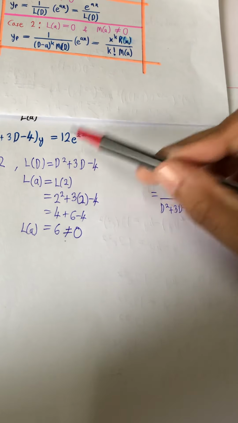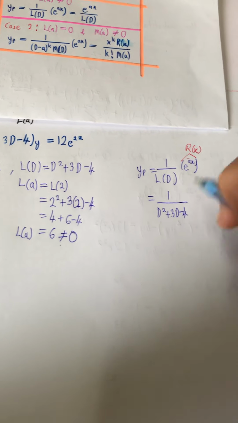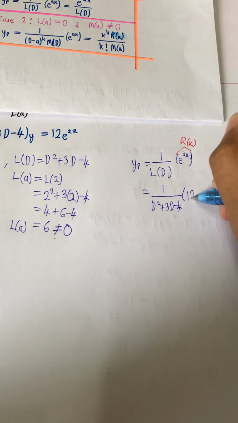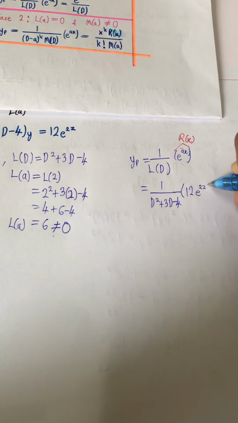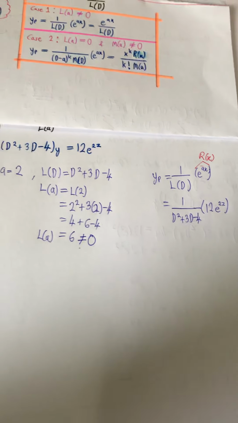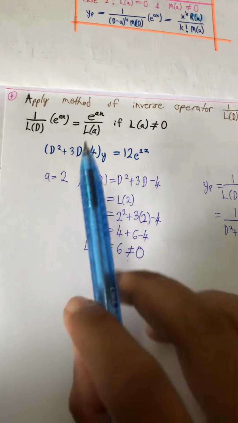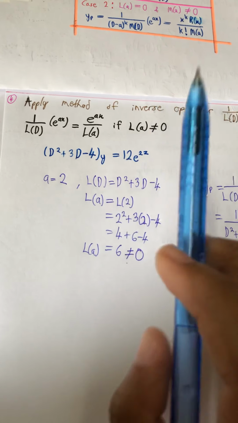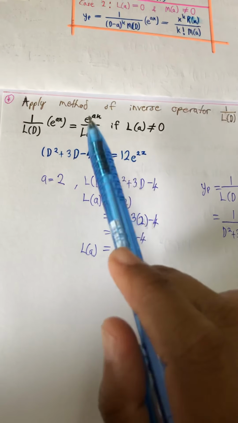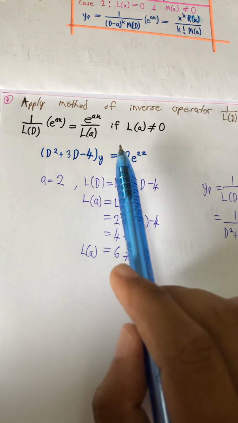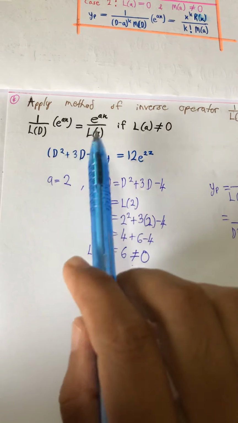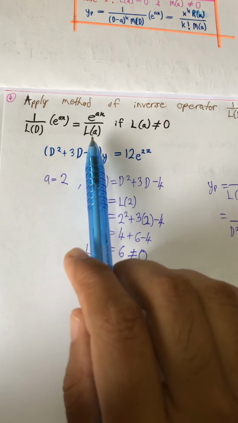So we need to include the 12 here. So we multiply with 12 e to the power of 2z. And then noted that it is already proven that our L(D) is equal to L(a).